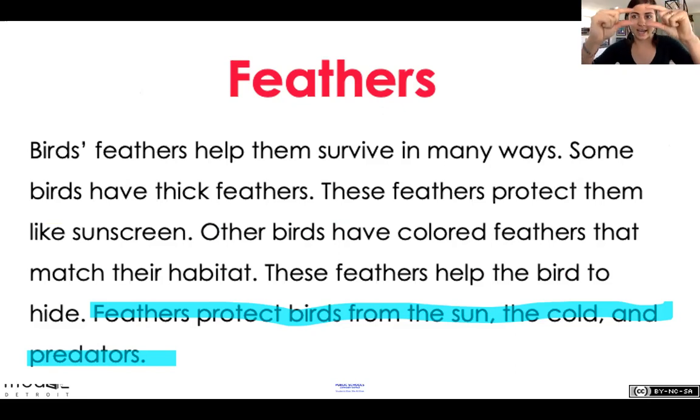So I want you to see the title and then the paragraph beneath it. So the paragraph beneath it is basically going to tell us about that title. So feathers. What is this paragraph about? Feathers. And notice their topic sentences. Maybe if they have detailed sentences or if they have a conclusion that ties in that sentence with the whole paragraph.